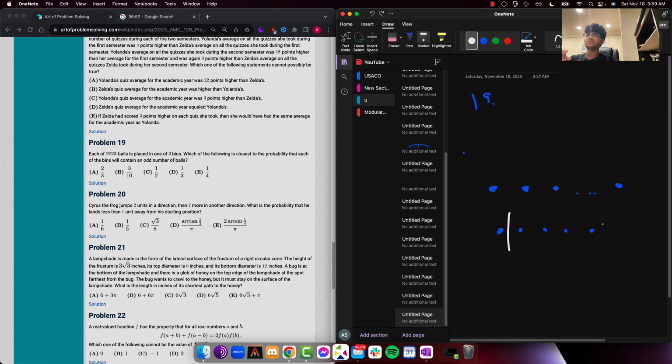So the probability of placing the first divider to get an odd number of balls seems like 1/2, and then for the next divider it should be 1/2 as well, because you just have another sub-problem, and half of the spots will be spots where if you place the divider then you get an odd number of balls, because it's the same as the problem above it. So I think it should just be half times a half, and you don't need to worry about the third because there are only 2 dividers you have to place. The third bin will automatically be taken care of, so I'm pretty sure it's just E.